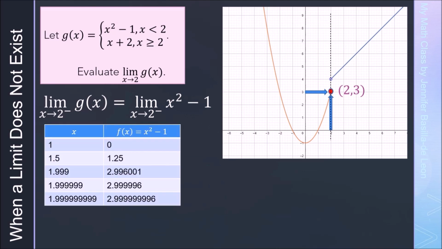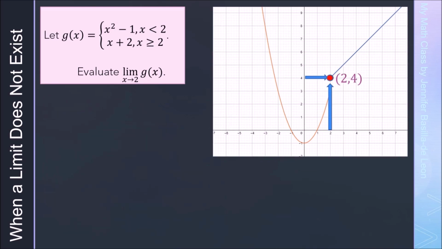Have you arrived at the same values as what I did? From the table of values, we can conclude that the limit of x squared minus 1 as x approaches 2 from the left is equal to 3.